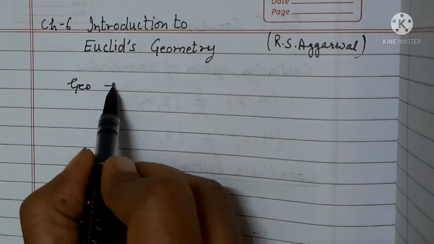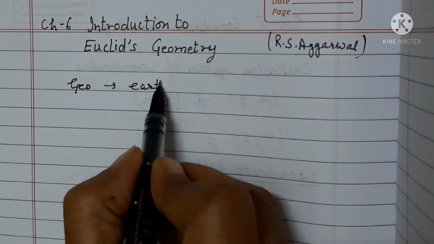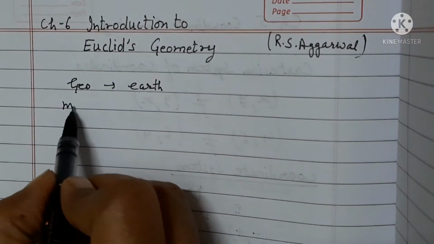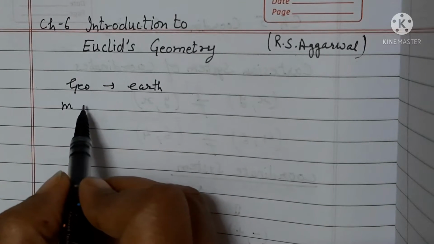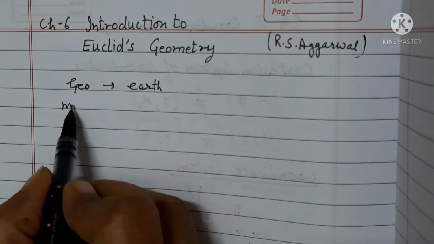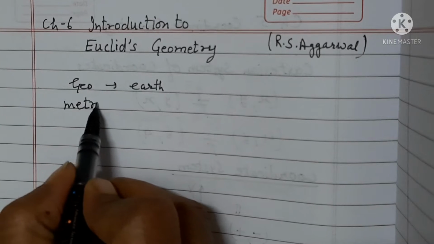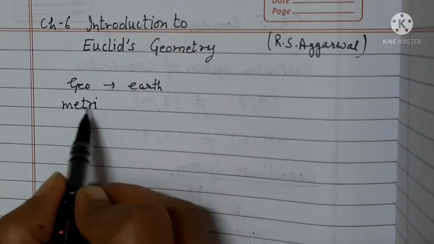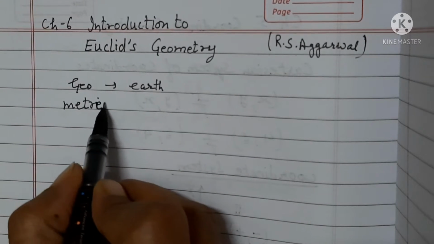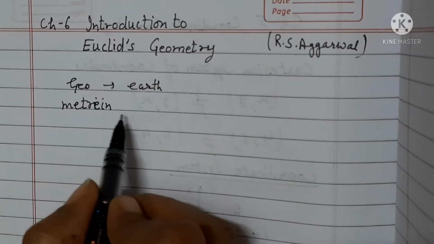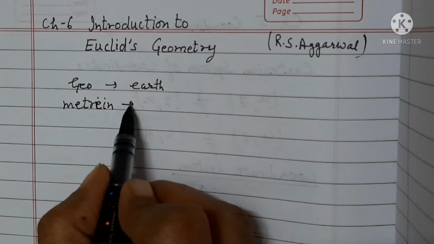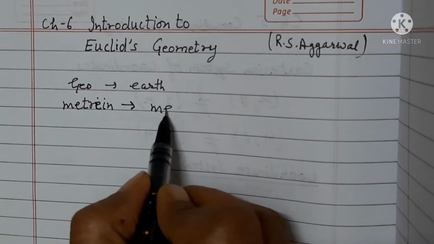Here, the name geometry: geo means earth and metrion, or you can say metry, means measure.